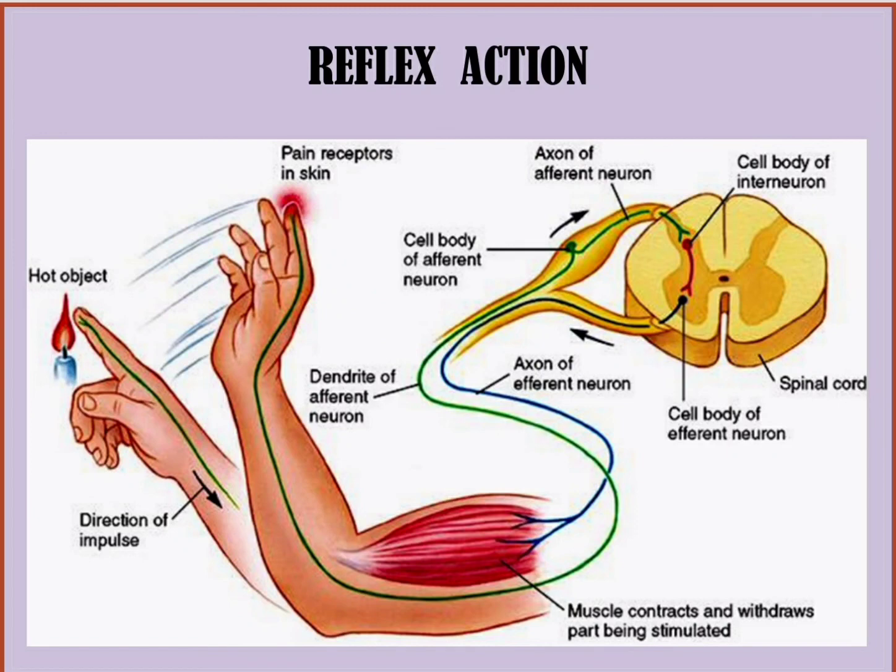From the spinal cord, the message passes on into the brain. The brain receives the message and immediately decides what is to be done and sends that message from the spinal cord back to the muscles of that hand. When the muscles receive the message from the brain, it immediately pulls the hand back away from the hot object.